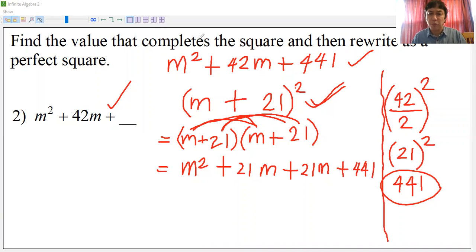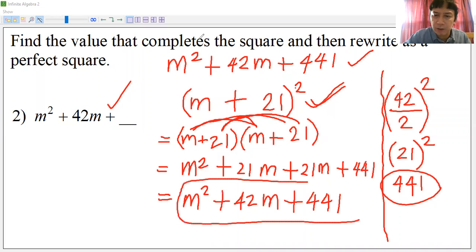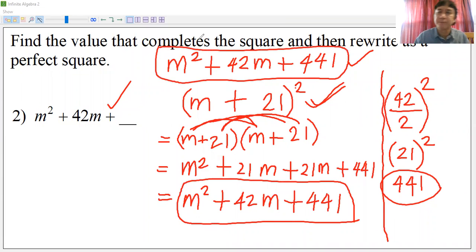Simplifying further, this will now be m squared plus 42m plus 441. And you can see exactly this is this one. And so these two expressions are equivalent.